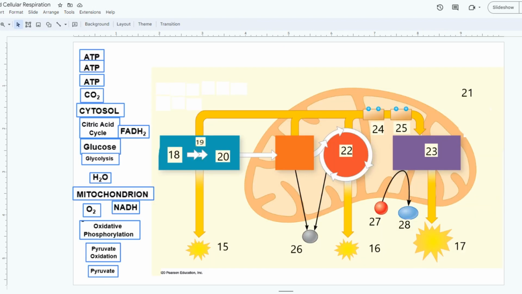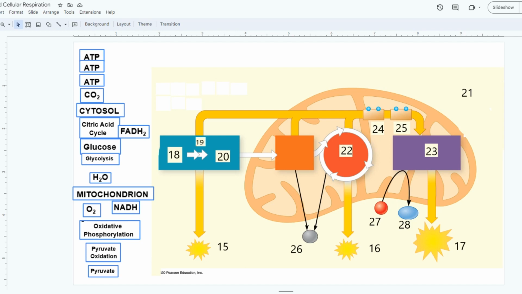Now, the next one we're going to do is actually a little more scary looking than that one. That's the mitochondrial one for cellular respiration. But again, by now you already know some of the symbols, right?